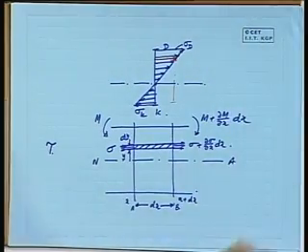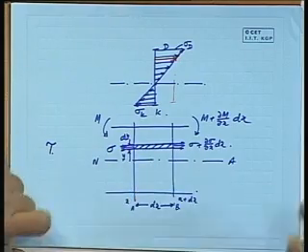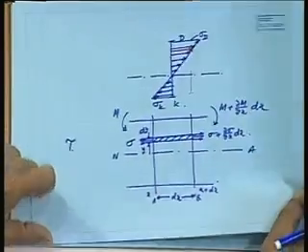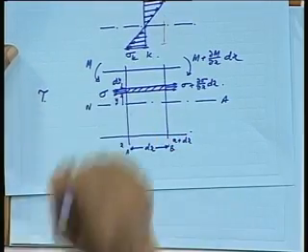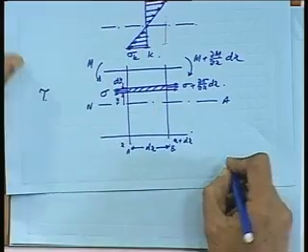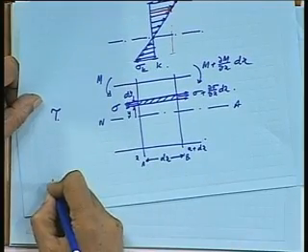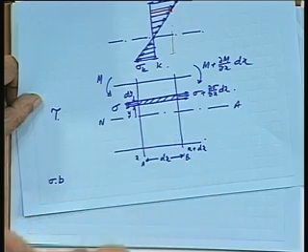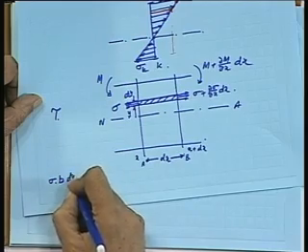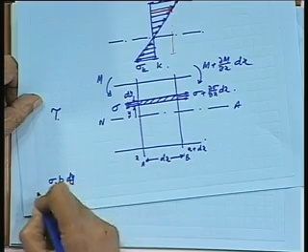Now, what is the net force which is acting on this slice here? On one side you have sigma into b, the width of the cross section, acting on a slice of dy. So b into dy is the area on which the normal stress sigma is acting.